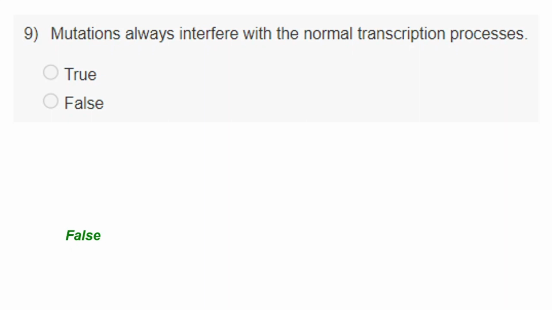But sometimes when mutations are in specific regions, such as the place where the transcription process will start, or the various elements in the DNA which help in the transcription process, it can disrupt normal functioning. It's quite a complex process. There are various factors, various proteins which come and attach to DNA and then help it get transformed to RNA. That's what transcription is, right?